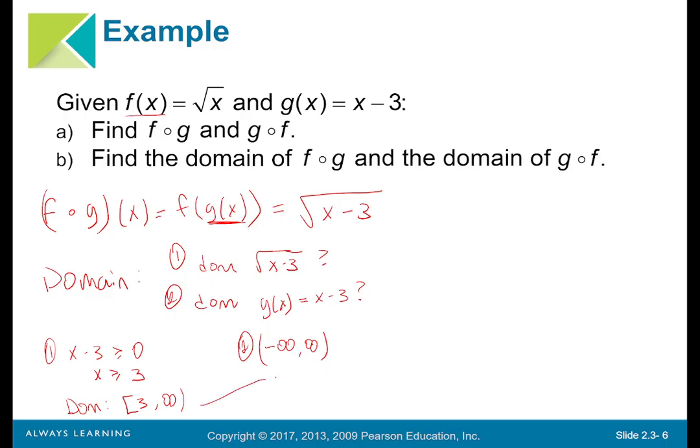So we take these two, and we now know by looking at their overlap or their intersection that the domain of f composed g is 3 to infinity. It just ends up being that first part.